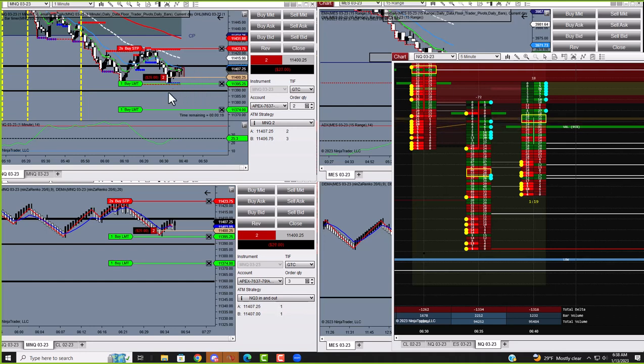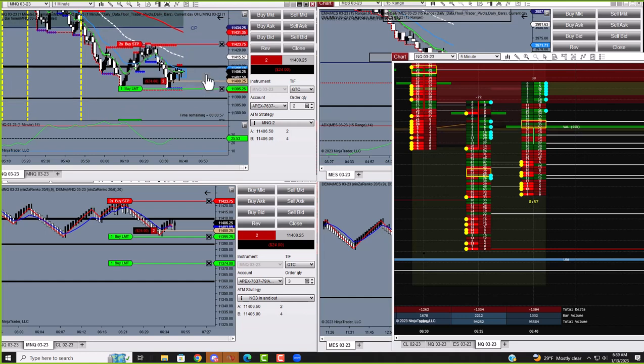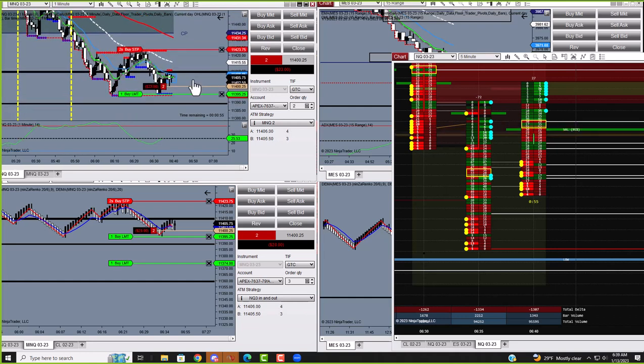We can push back up into the sell block above us. 417. If we could muster it up, we can go to 437. I'm hoping not, but we're putting some resistance here, which I already drew up.